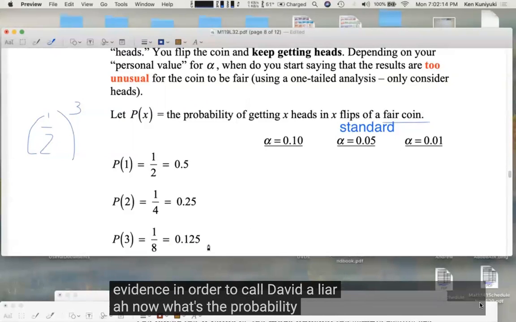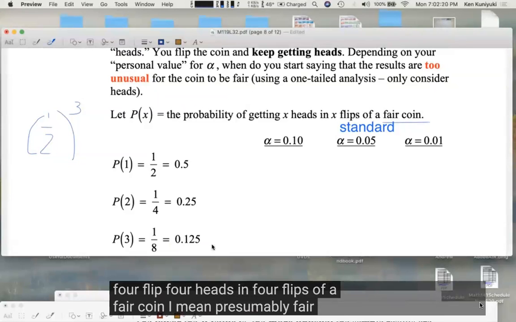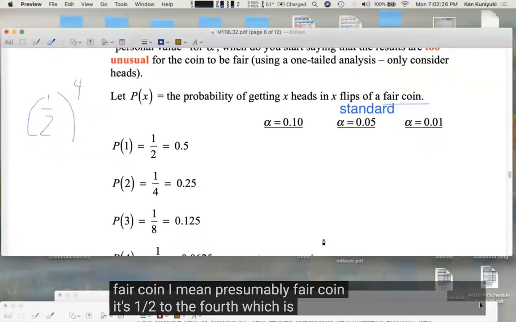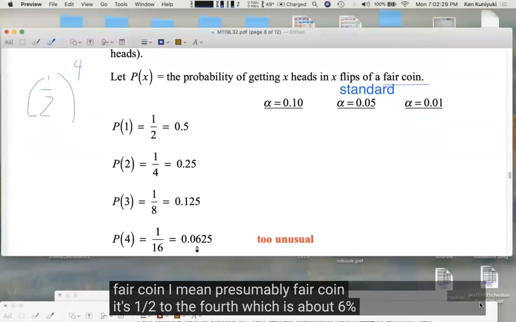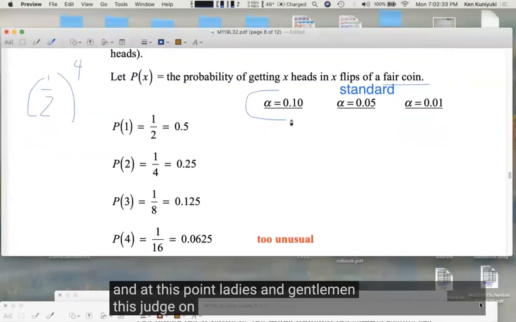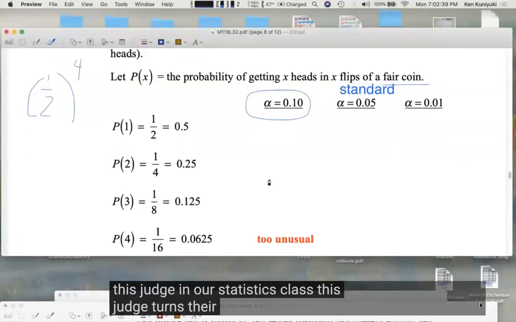Now, what's the probability of getting 4 heads in 4 flips of a presumably fair coin? It's 1/2 to the 4th, which is about 6%. And at this point, ladies and gentlemen, this judge on America's Got Talent, this judge in our statistics class, this judge turns their back on David.